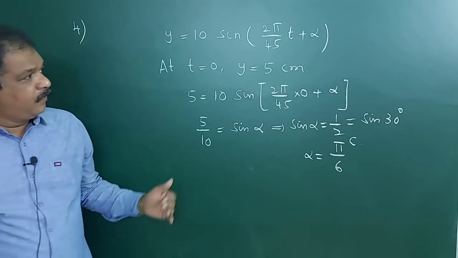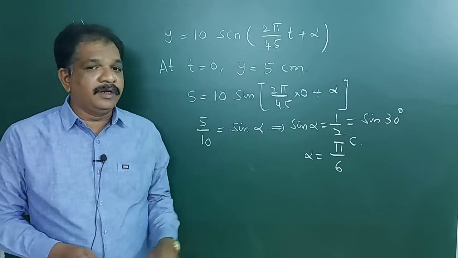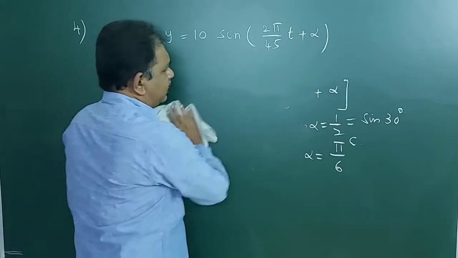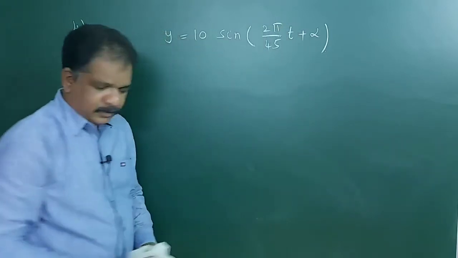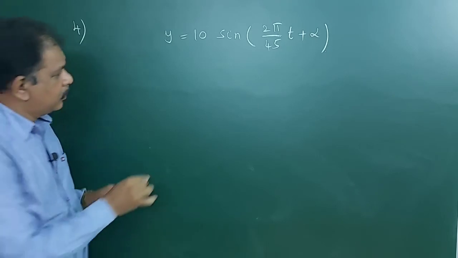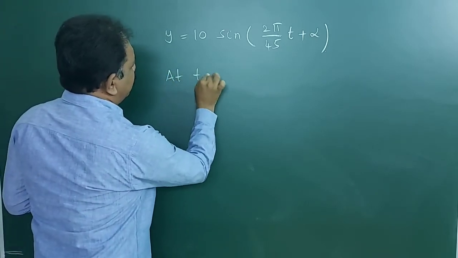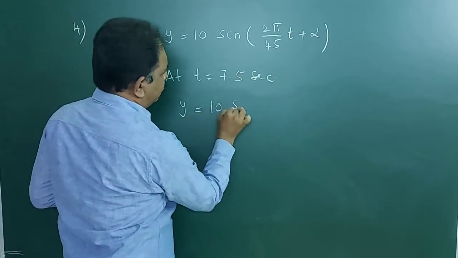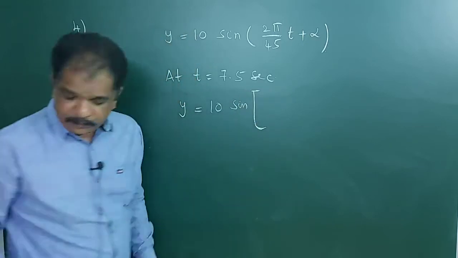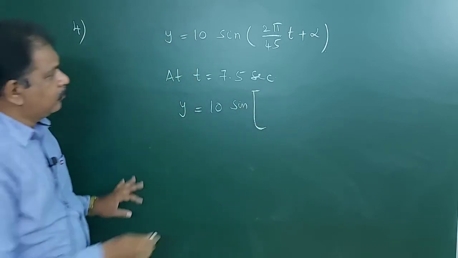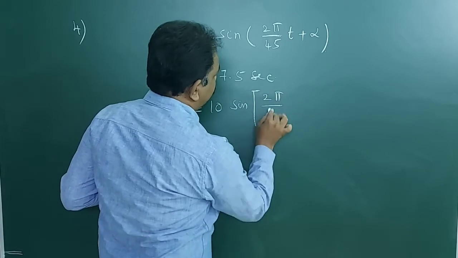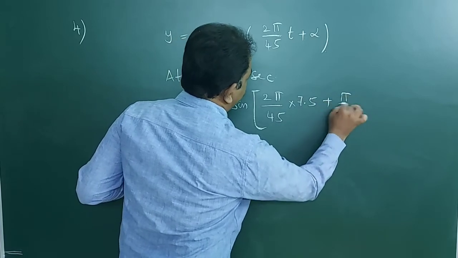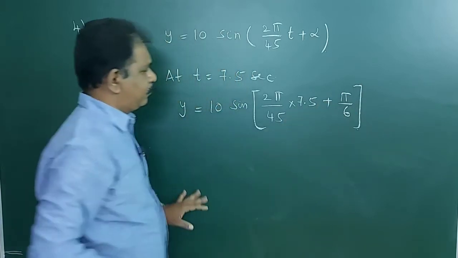Then what is the phase at t is equal to 7.5? So at t is equal to 7.5 seconds, y is equal to 10 sine of, how much we are getting here, 2 pi by 45 into 7.5 plus pi by 6.